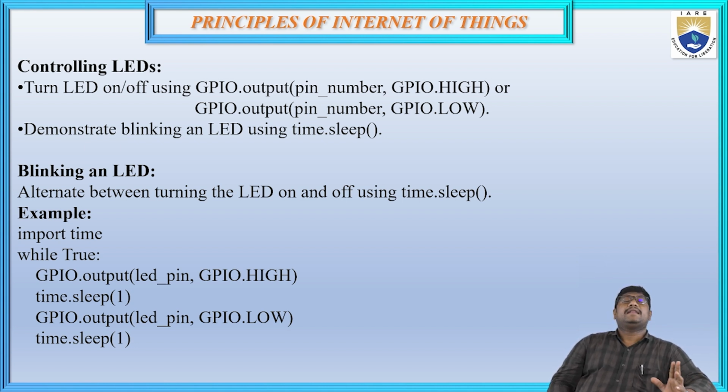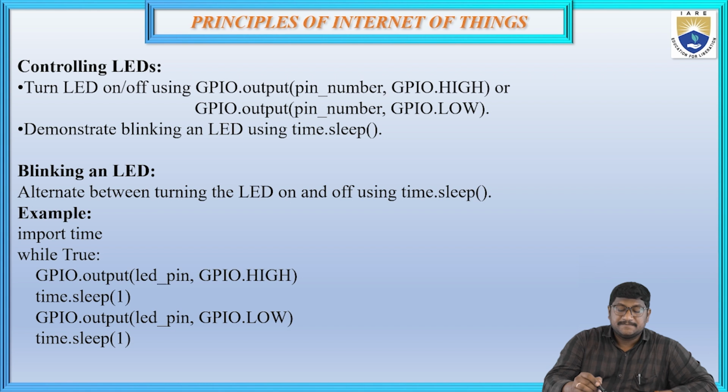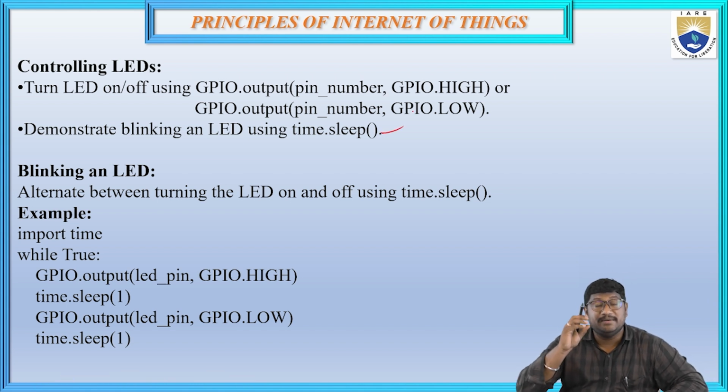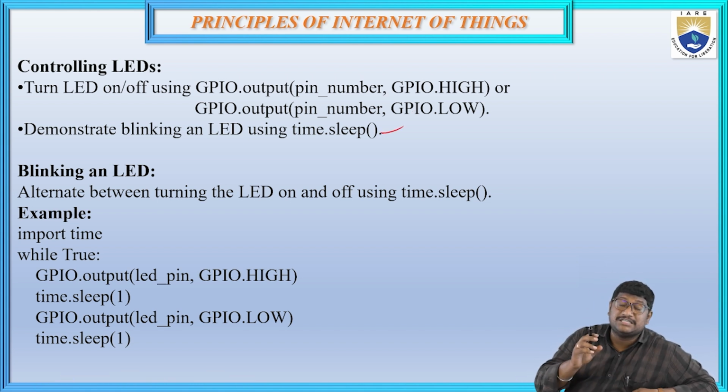We need to write statements such as GPIO.output(pin_number, GPIO.HIGH) for turning on and LOW for switching off. There is also a demonstration of blinking an LED using time.sleep, which lets it blink at the interval set by you.